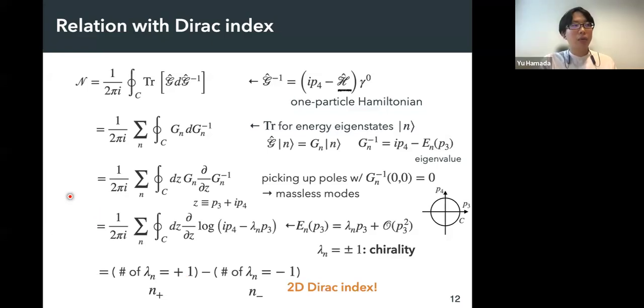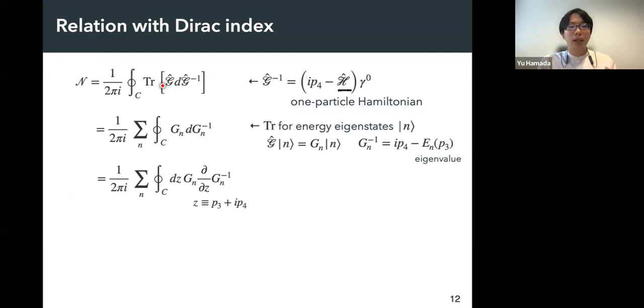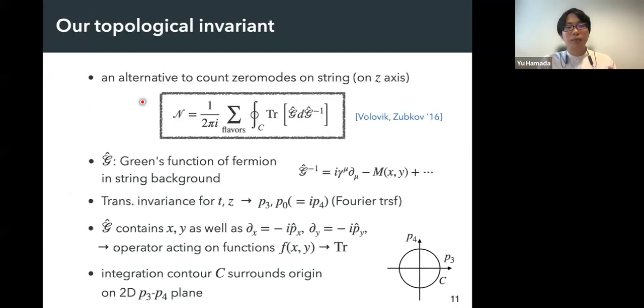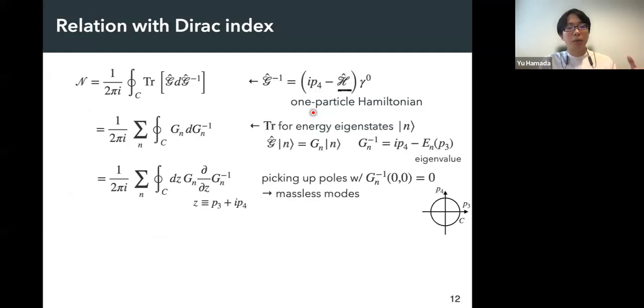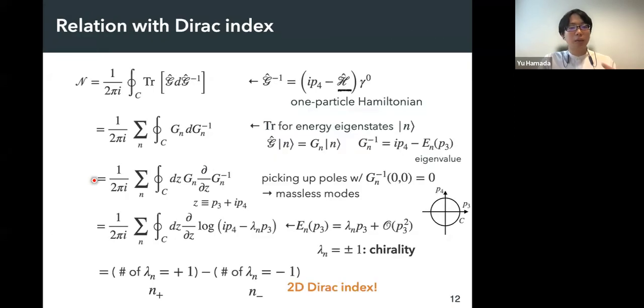And actually, in our paper, this quantity directly counts the number of the edge modes here, but we can rewrite this quantity as an integration over the bulk space.